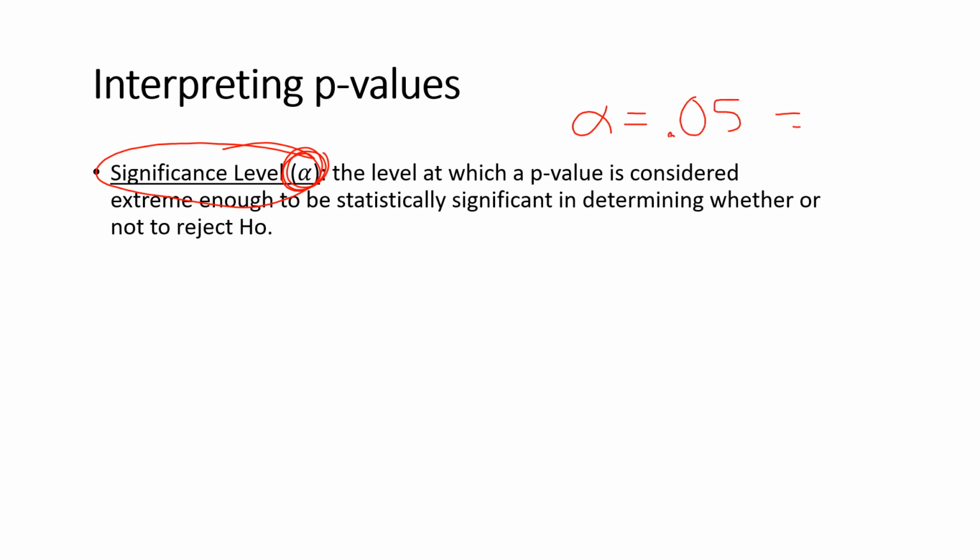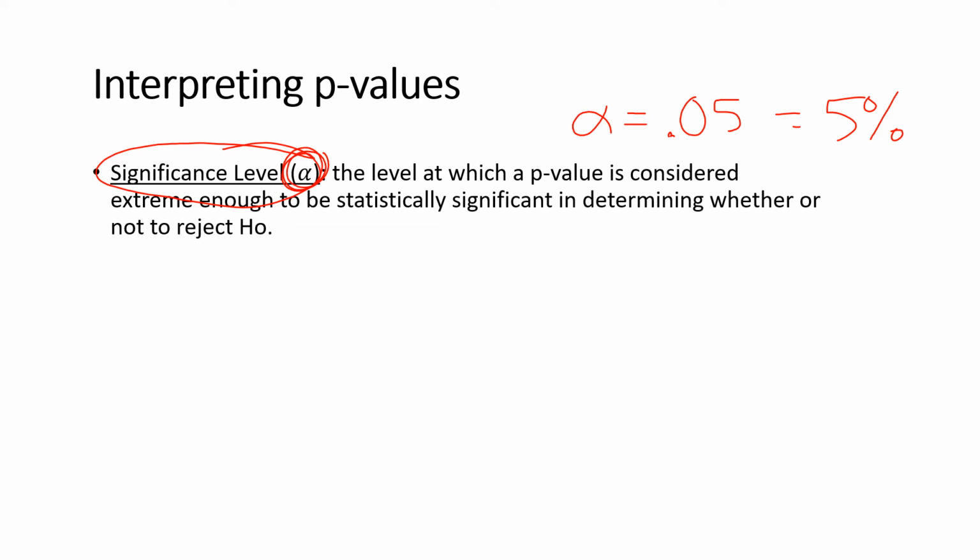Now, 0.05, that's 5%. So if something happens less than 5% of the time, you're saying, whoa, whoa, whoa, that's too unusual to just be a coincidence. We need to reject the null hypothesis and conclude the alternative. But if something happens more often than 5% of the time, you're like, that's just a coincidence.